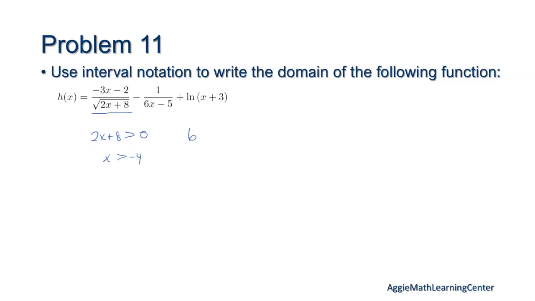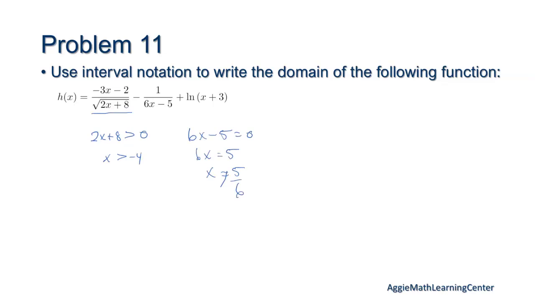This 6x minus 5 cannot equal 0, so we'll set it equal to 0 and find what makes it equal 0. Okay, so x can't equal 5/6.